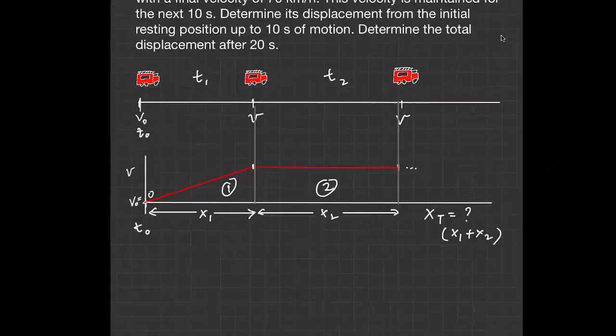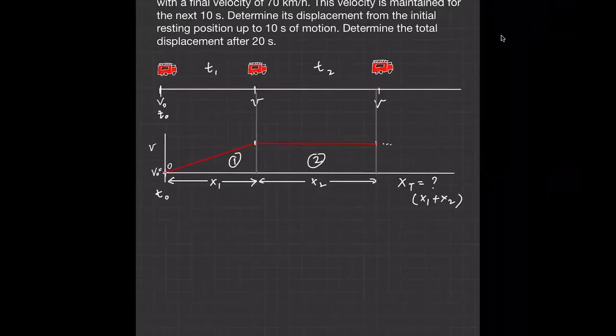So let's just write the given. You have two segments here. For segment number one, the given values are: initial velocity is 0.